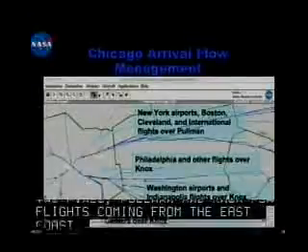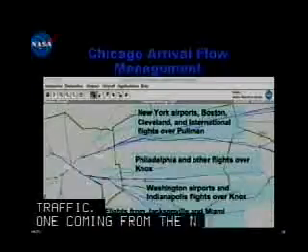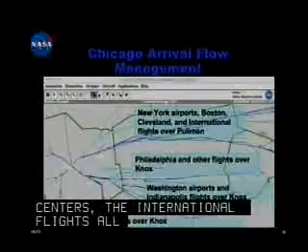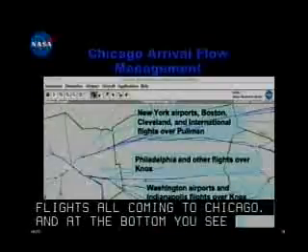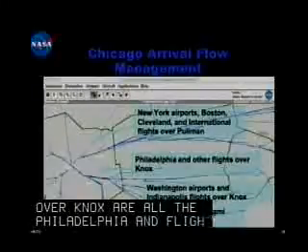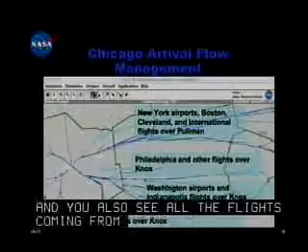You see the various streams of traffic, one coming from the New York airports, Boston and Cleveland centers, the international flights, all coming to Chicago over Pullman. And at the bottom, you see coming over Knox are all the Philadelphia flights and flights from other airports in that region. And you also see all the flights coming from the Washington area airports and the Indianapolis center. And at the bottom, you see all the flights coming from the south. These are flights coming from Jacksonville and Miami centers.